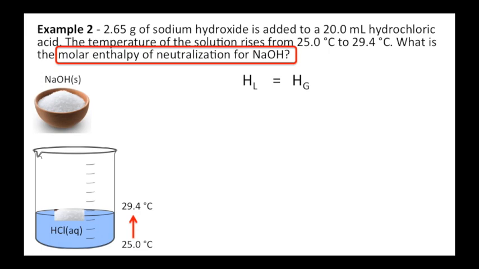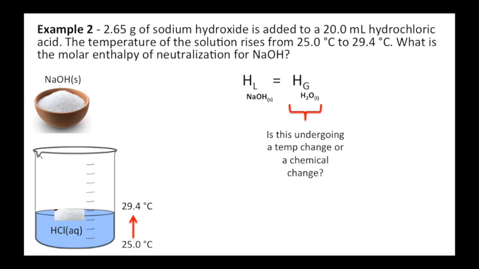Now this gets a little tricky. We're going to go heat lost by the sodium hydroxide equals heat gained by hydrochloric acid. But I know that hydrochloric acid is mostly water, and it'll just make it easier to think about how this works. So we're going to say H2O liquid is what's gaining heat.